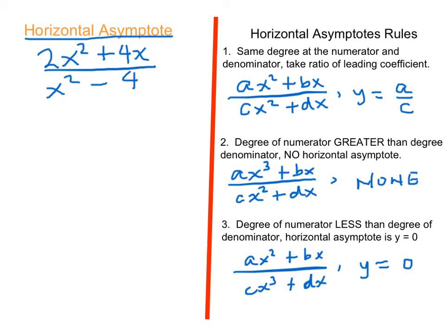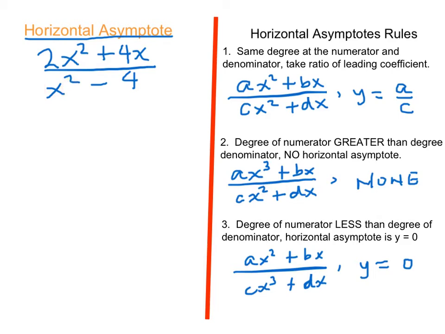Let's compare this expression with the 3 rules. You will agree that this expression is similar to the situation in rule number 1, because the degree of the numerator polynomial is 2 and the degree of the denominator polynomial is 2.